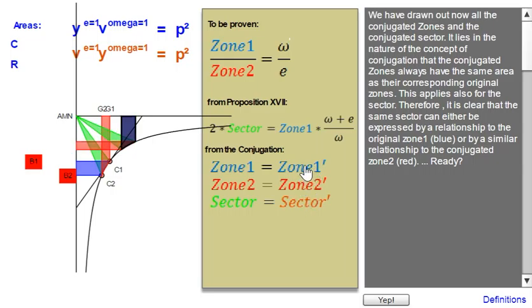So you have zone 1 dash, zone 2 dash, and sector dash. And you apply the same principle now to prove this relationship up here, namely making sure that 2 times the sector is equal to the zone 2 multiplied by omega plus e divided by e.